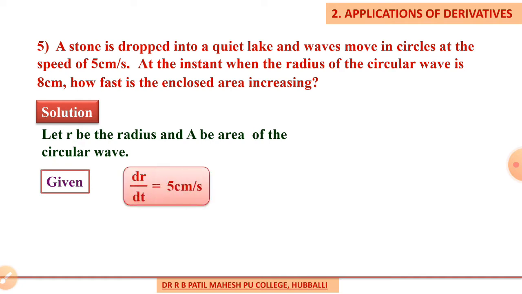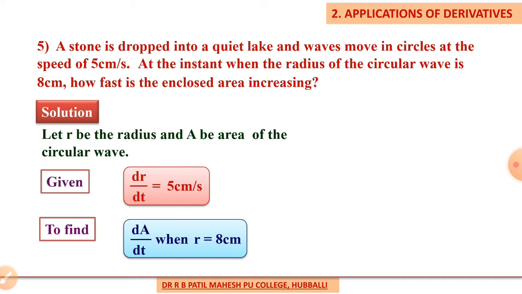So the given term is dr by dt equal to 5 centimeter per second, and by using this you have to find dA by dt when r equals 8 centimeter.